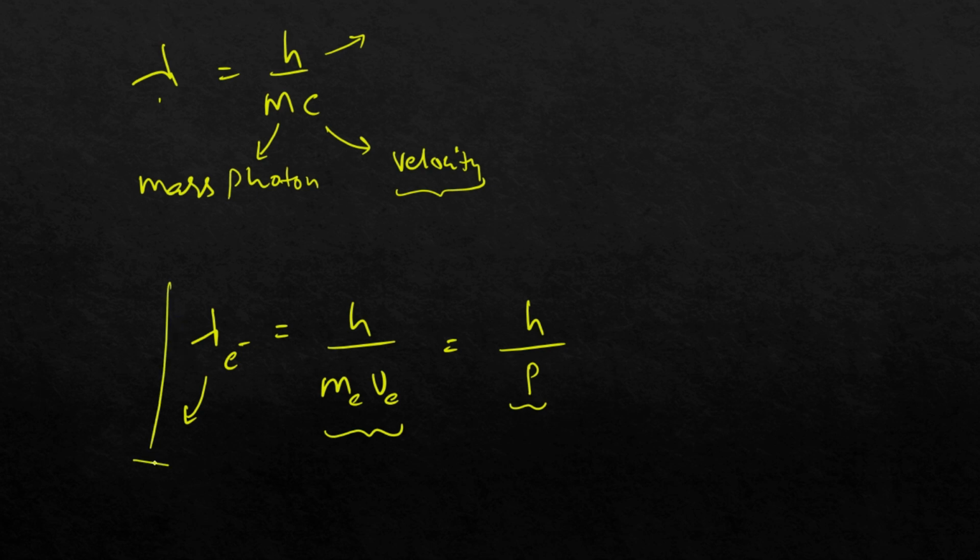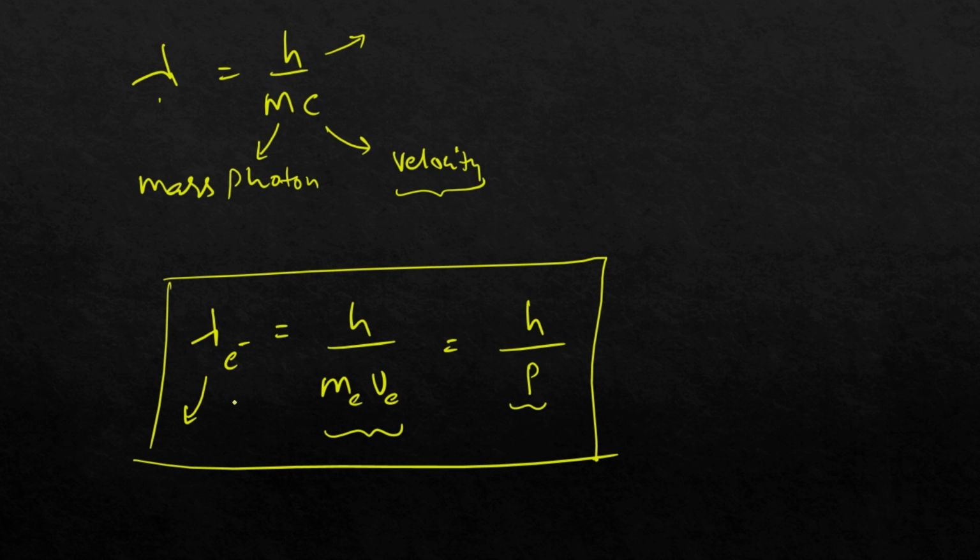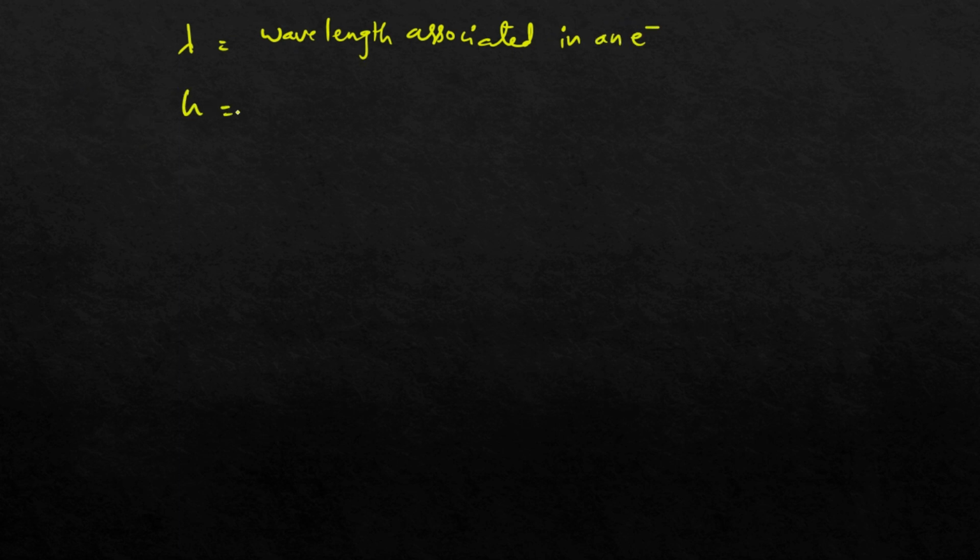So, according to de Broglie, the wavelength associated with an electron which is circularly moving in Bohr's orbit is equal to h by mv or h by p, where lambda is the wavelength associated with the electron, and h is the Planck's constant, 6.626 into 10 power minus 34 joule second, and m is the mass of the electron.